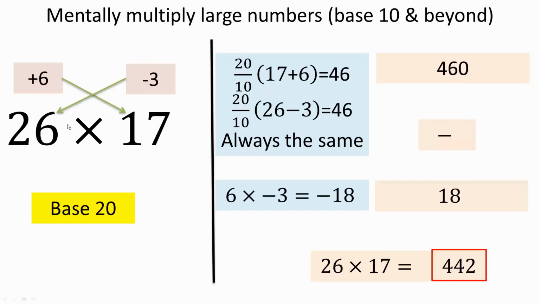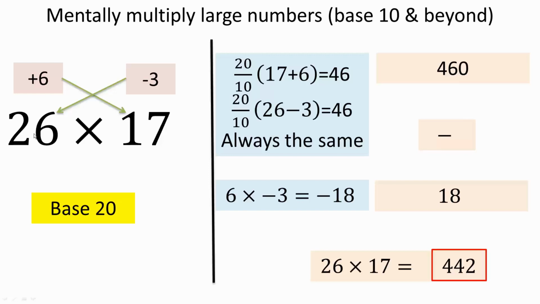Now we'll do another problem. 26 times 17. How much bigger, how much less is 26 compared to 20? It's plus 6. How much bigger, how much less is 17 compared to 20? Minus 3. So we say 20 over 10 because we're doing base 20. We have 17 plus 6, which is going to be 23. 23 times 2 is 46.